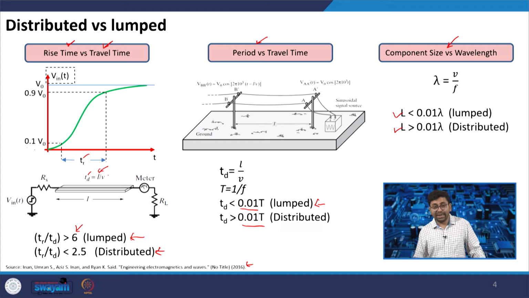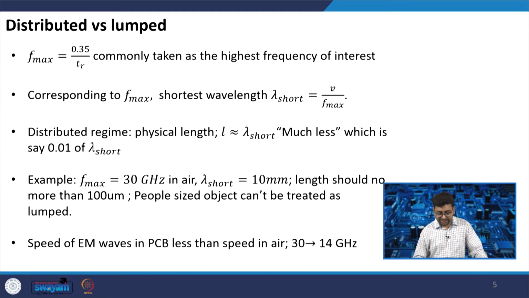If it is less than 0.01 lambda, it is considered a lumped circuit regime, and if it is greater than 0.01 lambda, it is considered a distributed regime. So, based on the component size and wavelength, we can decide whether it is a distributed or lumped circuit regime.